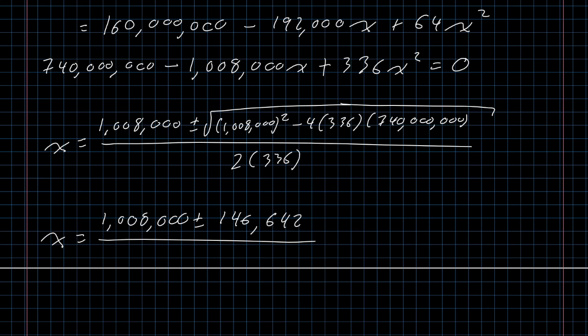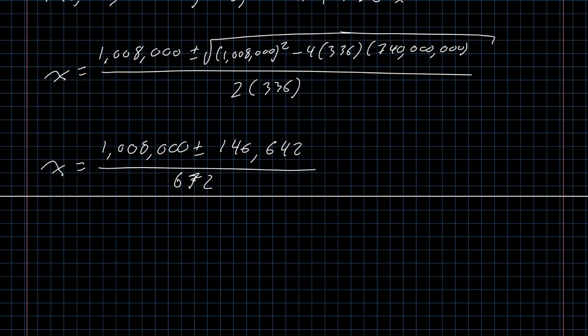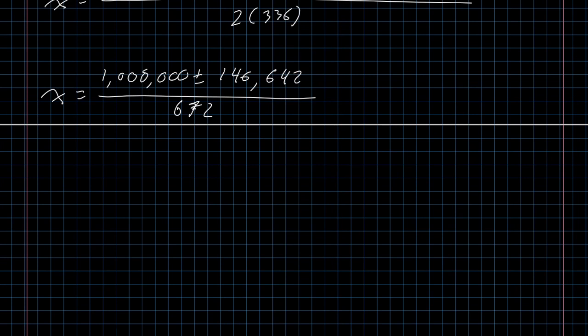2 times 336 is 672. And now, last step. I get something on the order of 1,718.